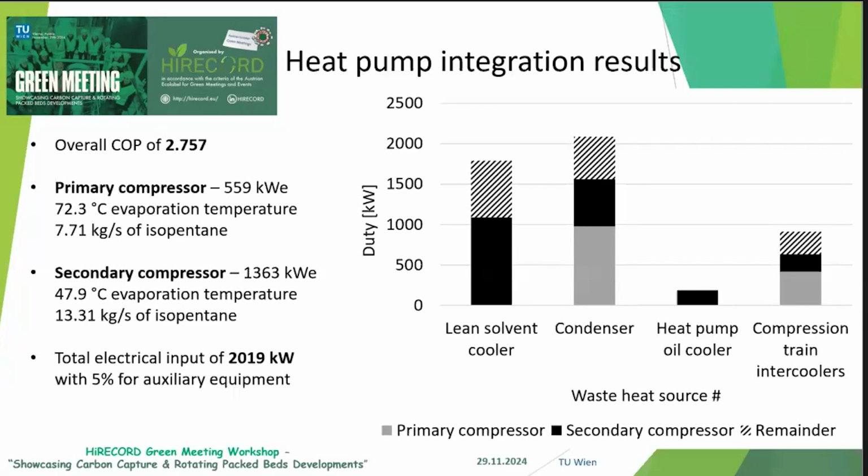You can do something similar for the condenser, heat pump, oil cooler, and also the compression train intercoolers. If you do this exercise, you end up with a total electricity input of about 2 megawatts. Here I also allow 5% for things like oil pumps, heat tracing, heaters, all that kind of stuff.